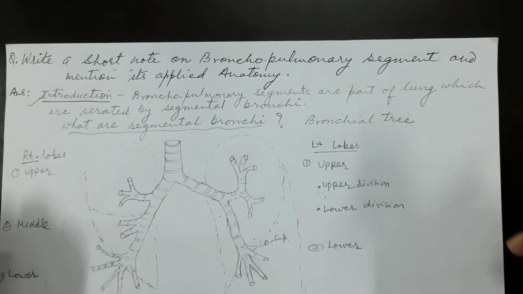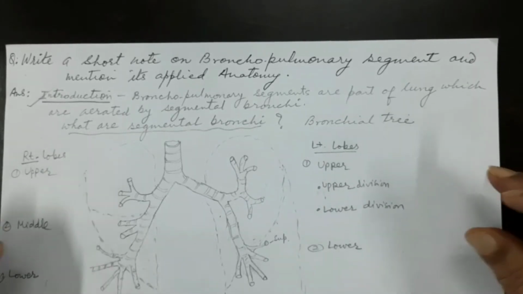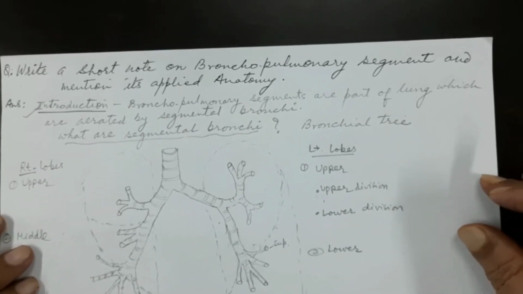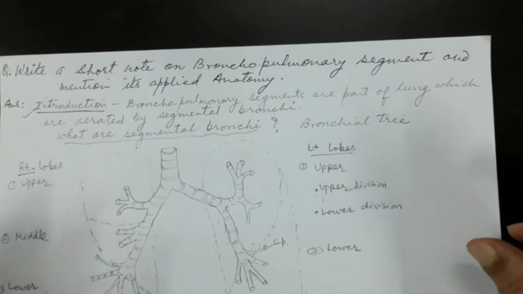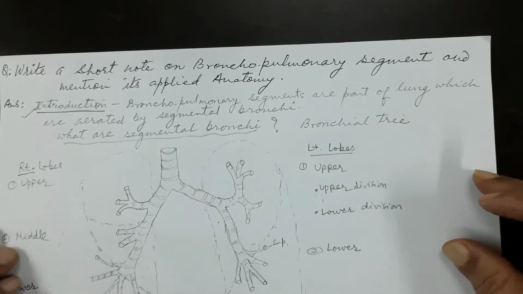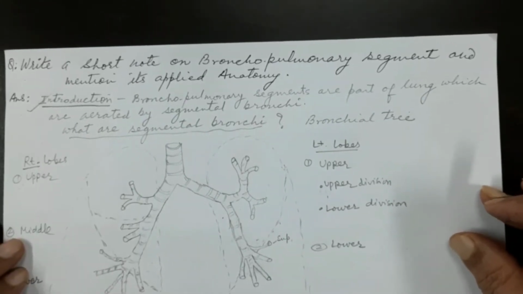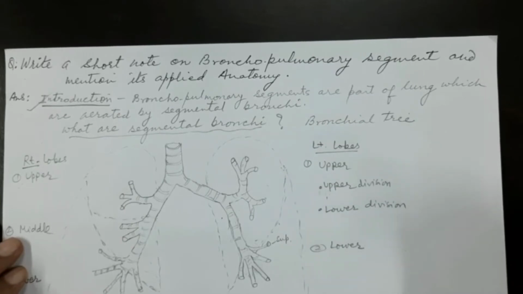The portion of the lung supplied by a segmental bronchus is called the bronchopulmonary segment. As I said, there are 10 in the right lung and 10 in the left lung.